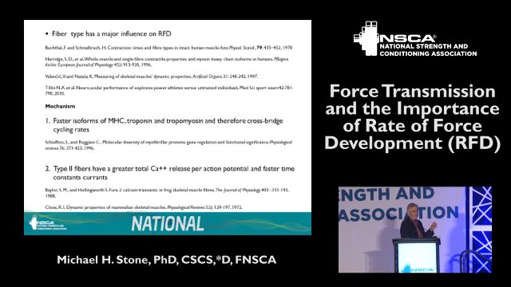And therefore, the rate of force development is going to be higher. People with more type 2 fibers have an advantage there. Also, type 2 fibers handle calcium a little bit better than type 1 fibers in terms of its release rate. And the faster we can release it, the faster we can activate these things, and the higher the rate of force development.